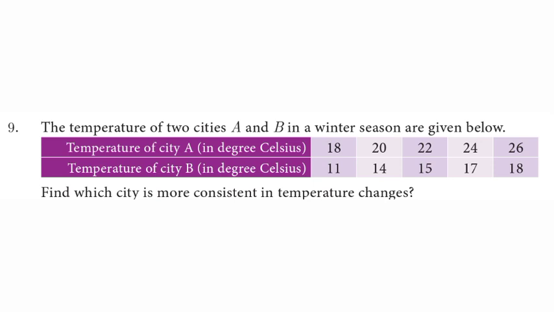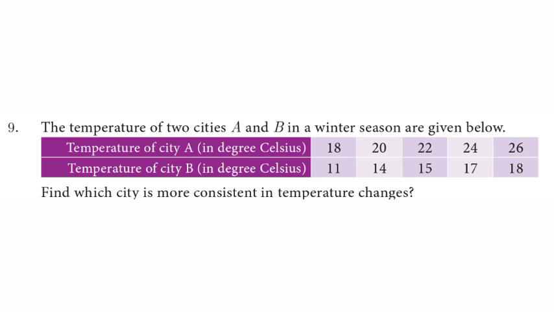The two tables: first one temperature of city A in degree Celsius, second temperature of city B in degree Celsius. The data are 18, 20, 22, 24, 26. Second city temperature data is 11, 14, 15, 17 and 18. Find which city is more consistent in temperature changes.